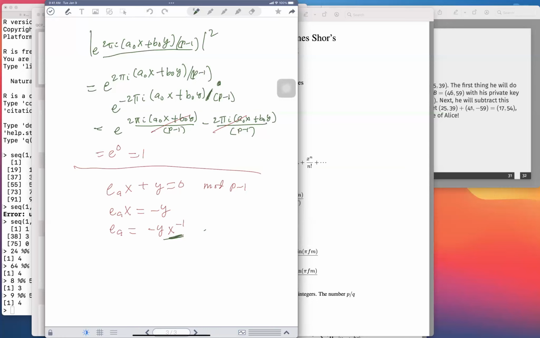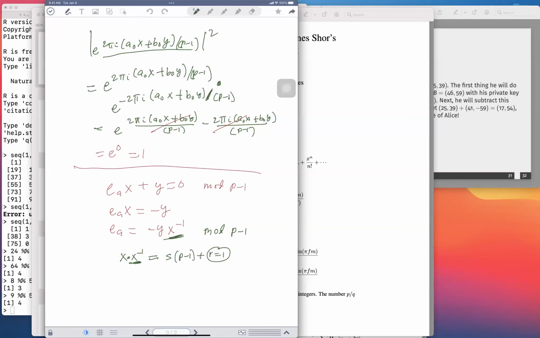According to the definition, so let us say modulo p minus 1, the inverse of x is equal to that number that when you multiply it with x, it will give you some number s multiplied by p minus 1 plus the remainder, which is equal to 1.